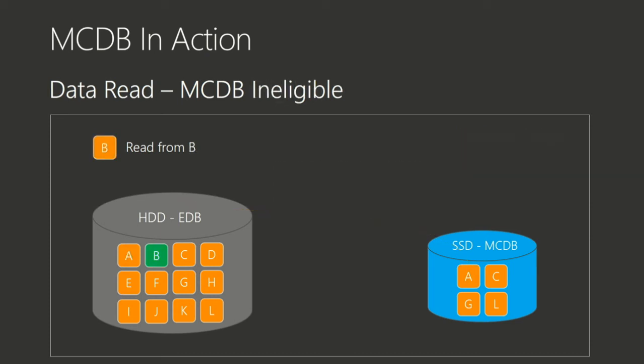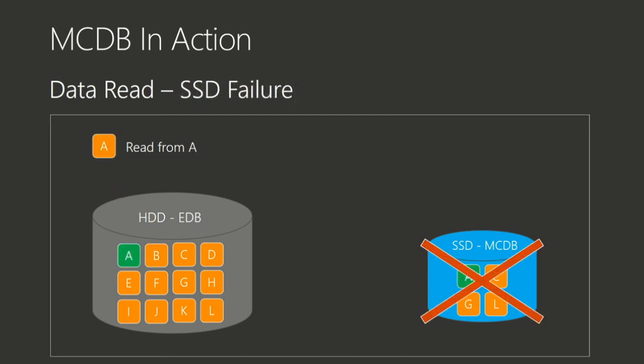If we read B, because B is MCDB ineligible, we just read it from the HDDs. No difference there. So what happens if we have an SSD failure? Well, because the data is in both of the databases, the read of A can still be served from the hard drive. In this case, the availability of that read is not compromised. We're still able to serve all of the data from your primary databases.